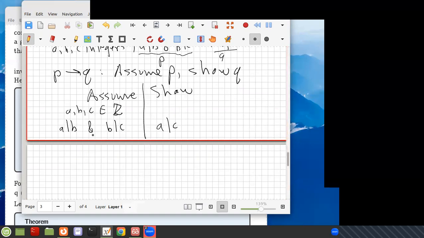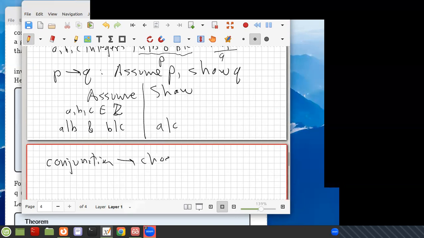Okay, and then the second one says there are some common rules of deduction. So if I have two things that are true, I can choose either one of these to be true. This one implies that both A and B is true, and B and C. So this is sort of like when you have a conjunction, you choose each truth.